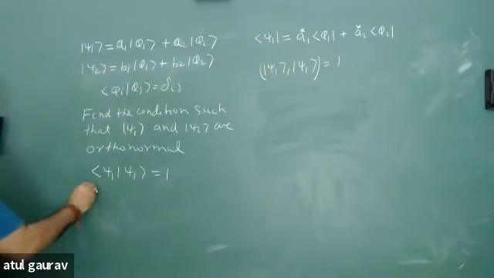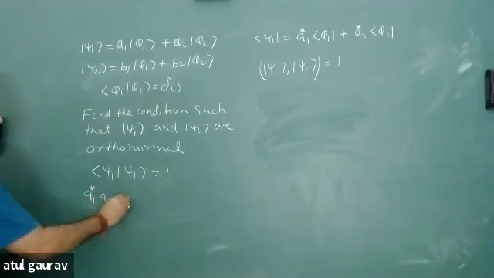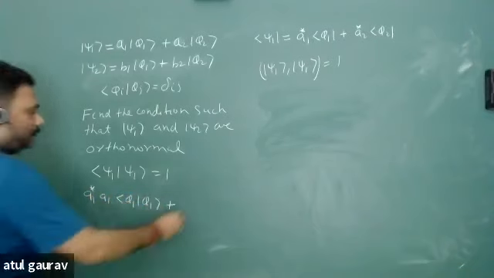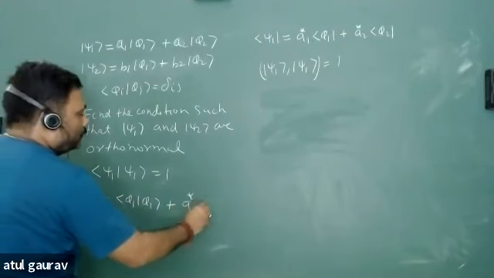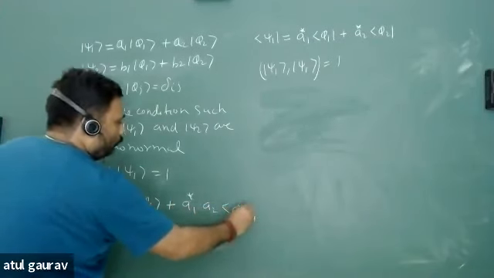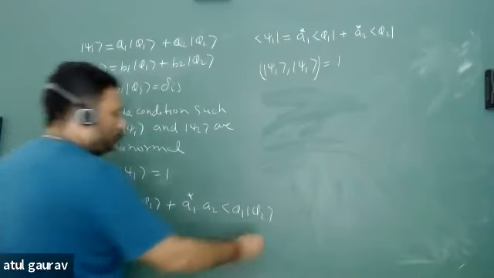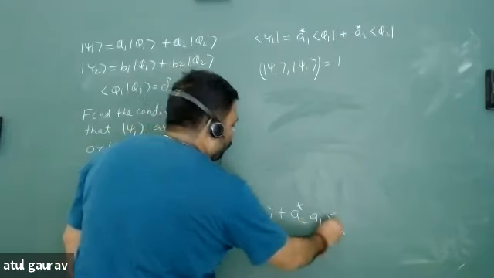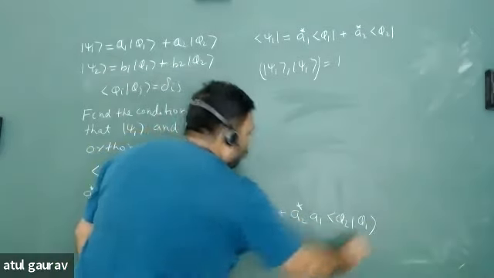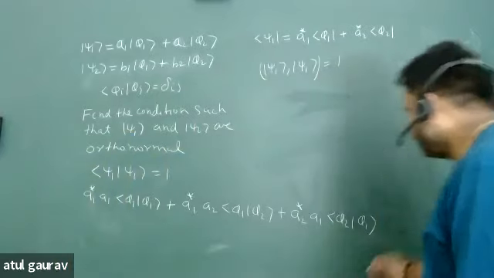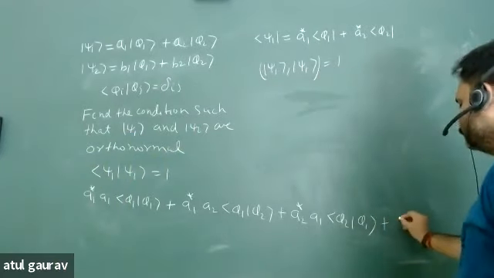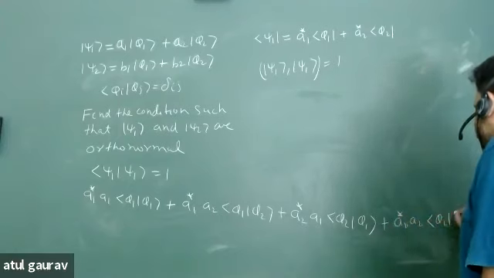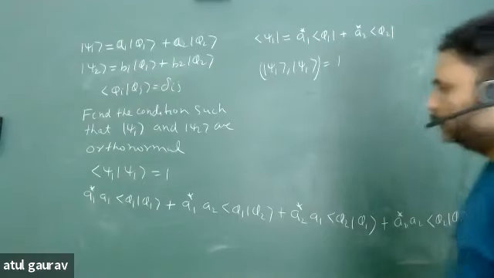The first term is A1 star A1 phi 1 phi 1, plus the second term is A1 star A2 phi 1 phi 2, plus A2 star A1 phi 2 phi 1, plus A2 star A2 phi 2 phi 2 must be 1.